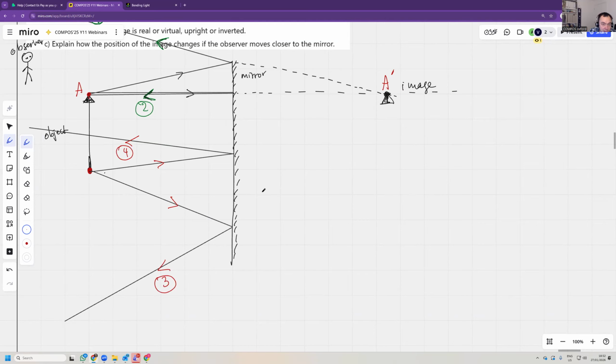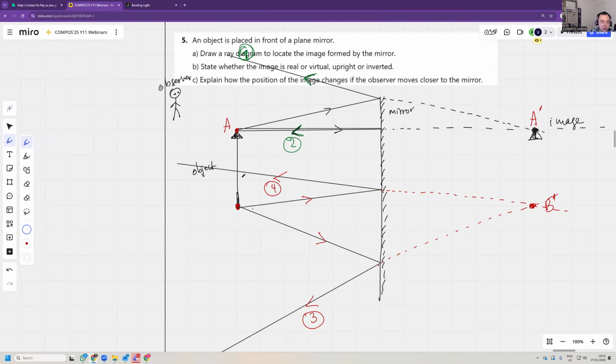And where does your brain think that the light is coming from? Well, it thinks this ray is coming from somewhere here, and this ray is coming from somewhere here. And this is where the bottom of your image is. So your brain thinks that light coming from the top of the object is coming from here. This is why we call it the image.